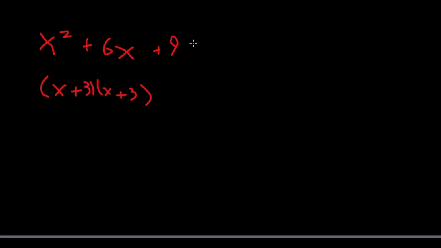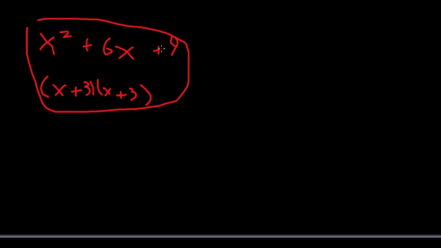So now, let me ask you this. We know x squared plus 6x plus 9 is equal to x plus 3 times x plus 3. What would the equation look like if it was x plus 3 times x minus 3? Okay, well, let's just use the pattern from before.